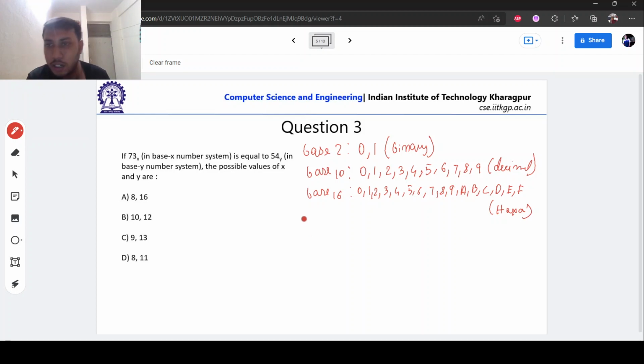These are called the base number systems: base 2, base 10 and base 16. If you count, each of them has 2, 10 and 16 digits respectively.